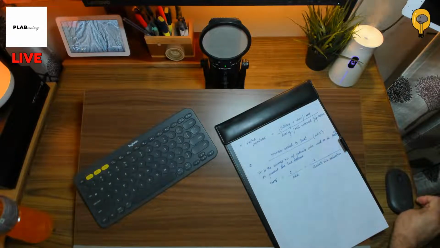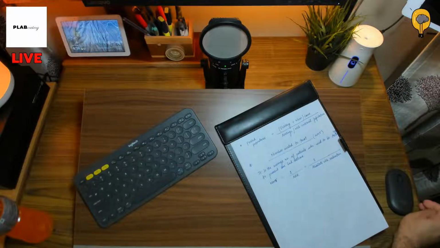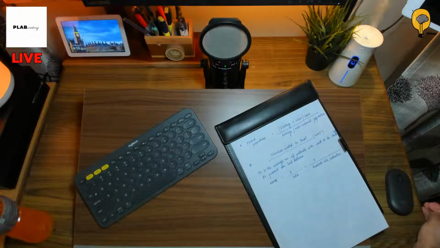So the number needed to treat is calculated by 1 divided by absolute risk reduction. Now absolute risk reduction is calculated by absolute risk of control group minus absolute risk of treatment group.